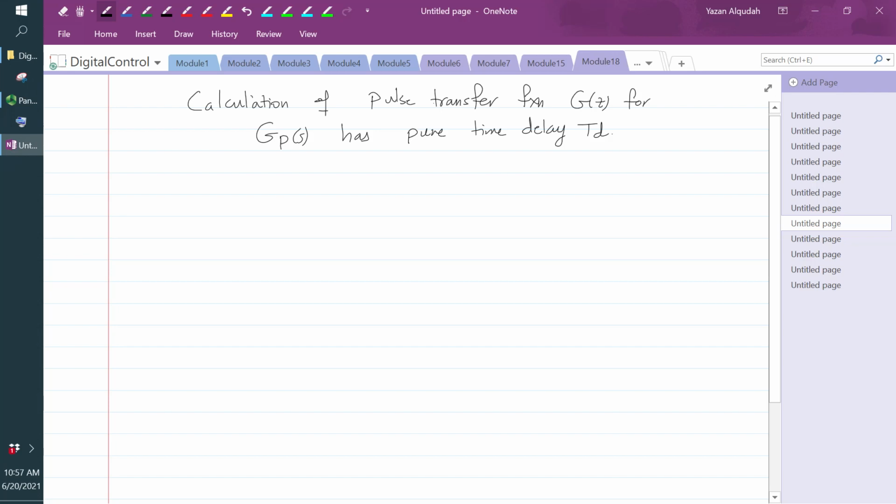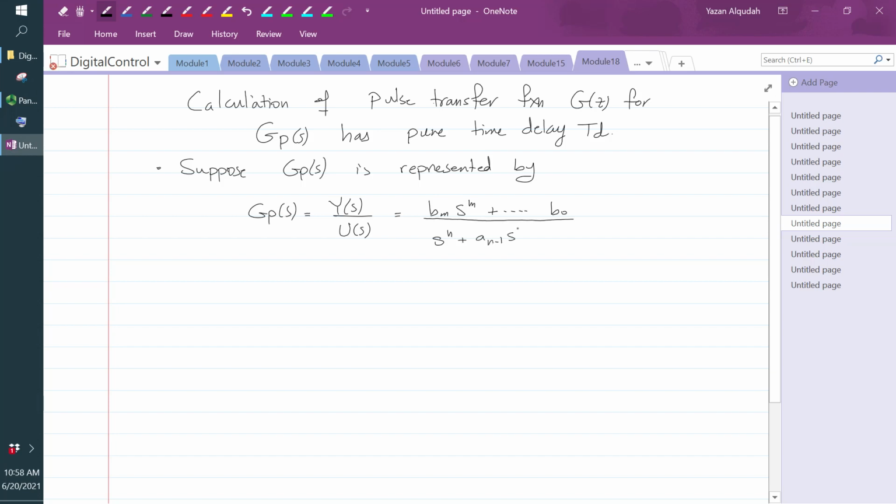So let's consider that we have GP of S that is represented as the following. GP of S is equal to Y of S divided by U of S and it is given by Bm S to m all the way to B0, divided by S to n plus An minus 1 S to n minus 1 all the way to A0.